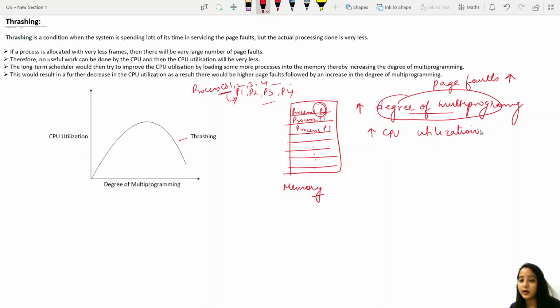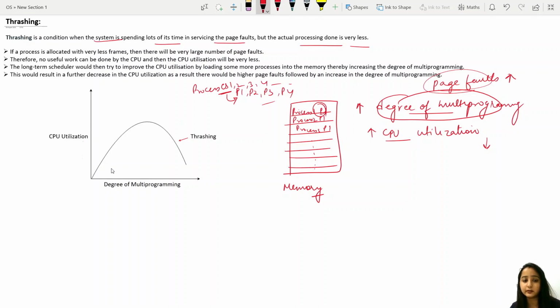So ultimately the CPU utilization will decrease, because the CPU is idle and only servicing of page faults is involved. The condition when the system spends lots of time servicing page faults, but the actual processing done is very little, is called thrashing.